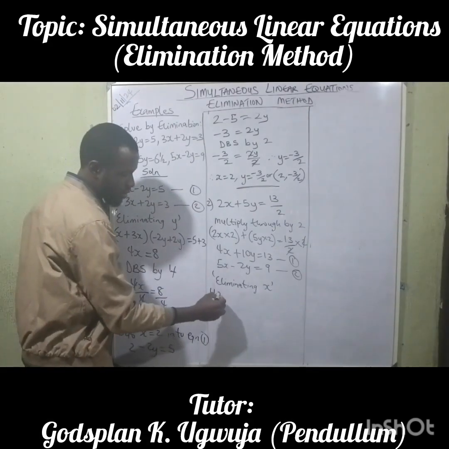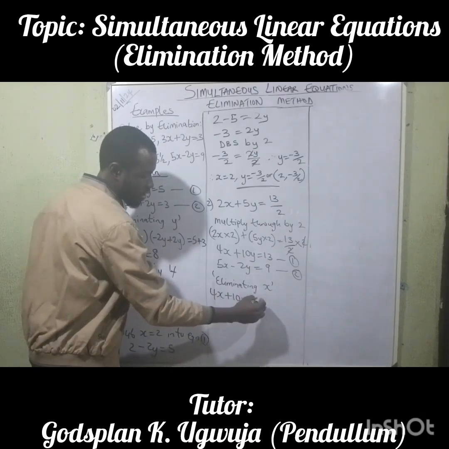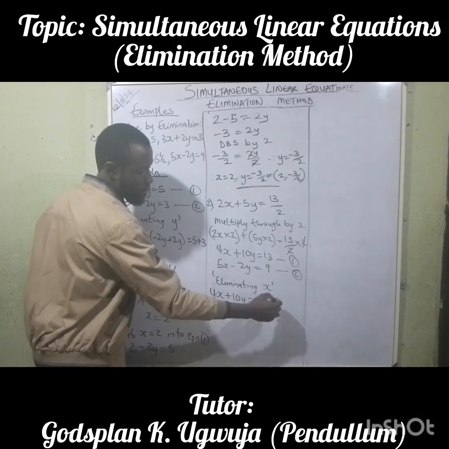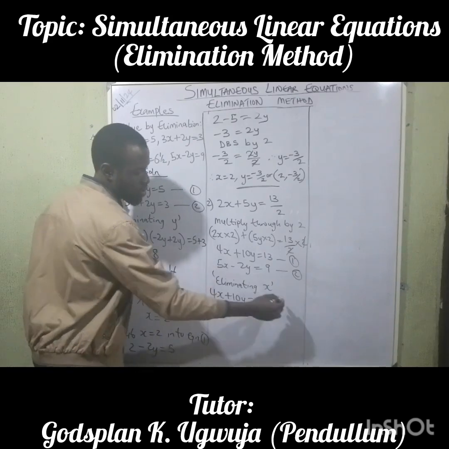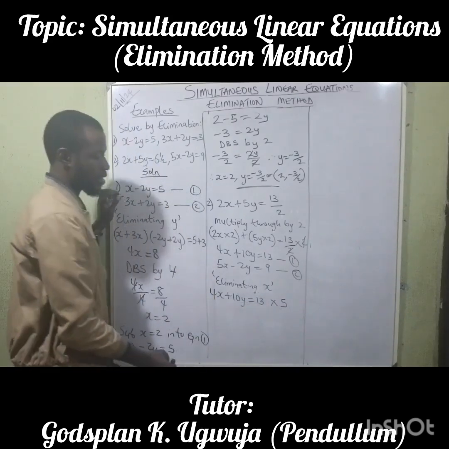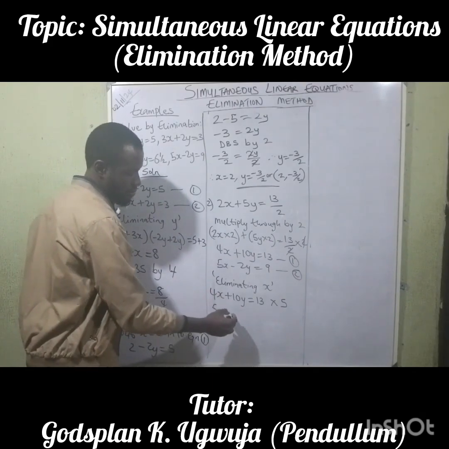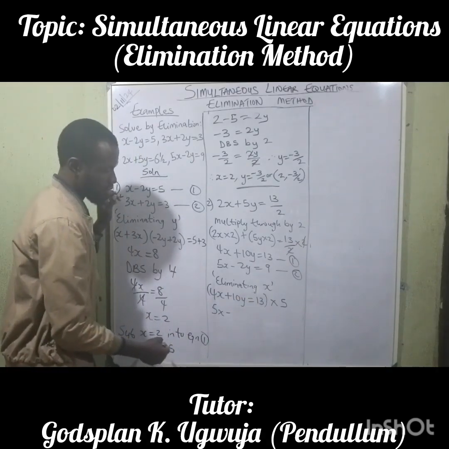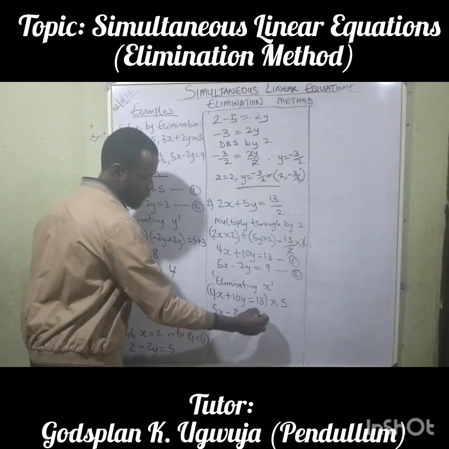So let's do it. This will be 4x plus 10y. I want to write out all the steps so that it doesn't confuse you. Now I'm going to multiply everything here by the coefficient of x in equation 2. That's 5. And then 5x minus, let me put everything in brackets so that it doesn't confuse you, 5x minus 2y equals 9.